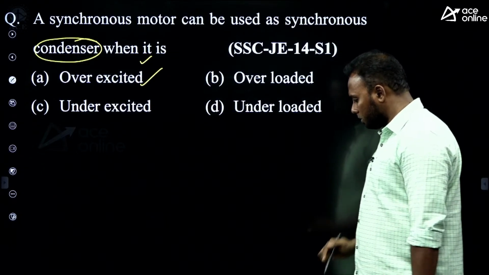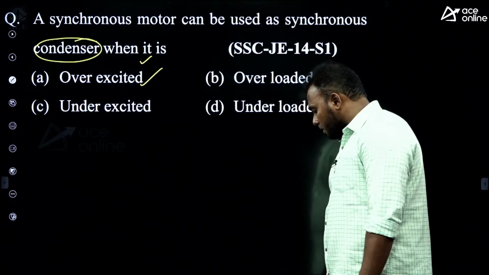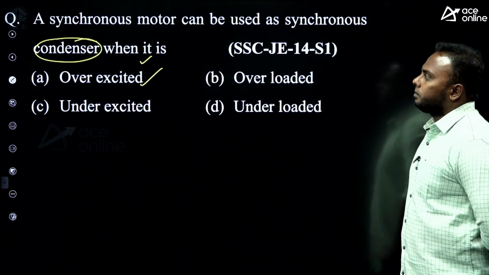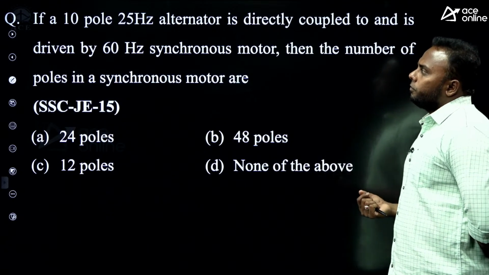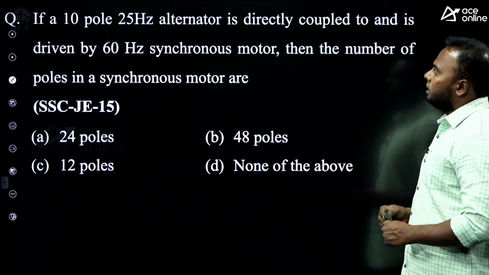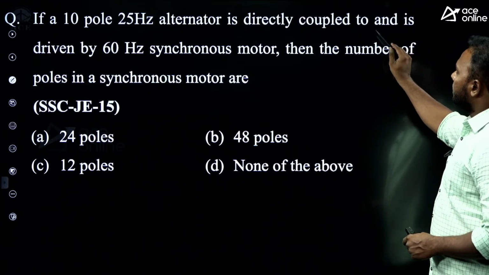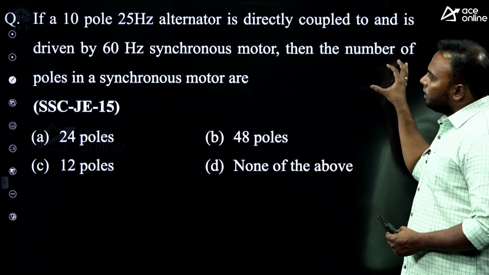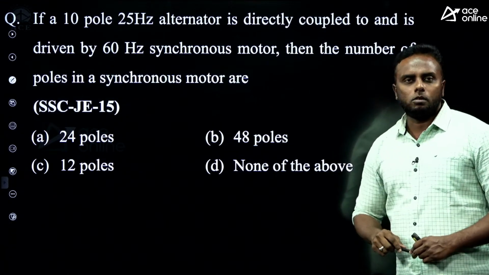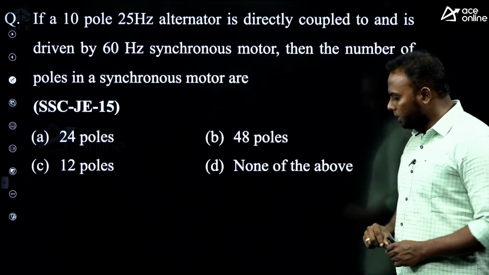Okay, next question. See this question. If a 10-pole 25 Hz alternator is directly coupled to and is driven by a 60 Hz synchronous motor, then the number of poles in the synchronous motor are dash. Try to find out this.